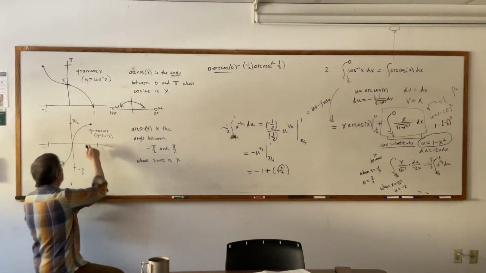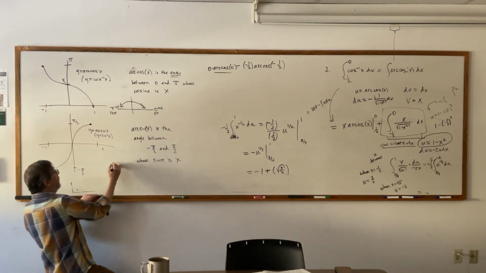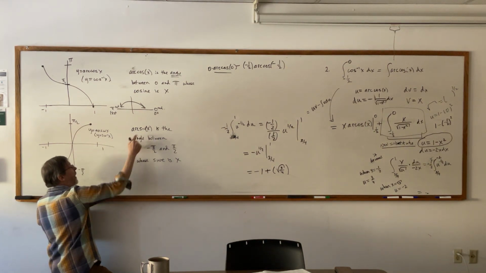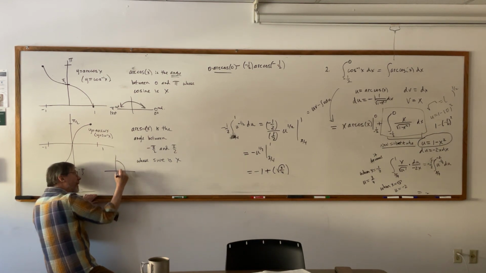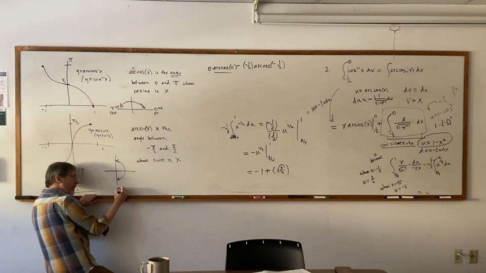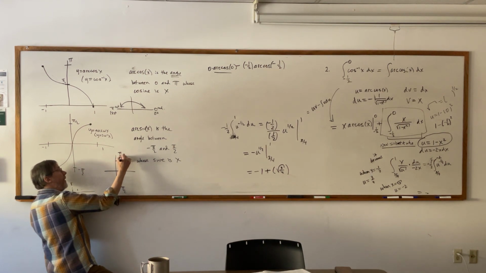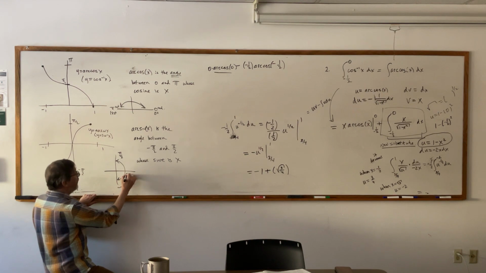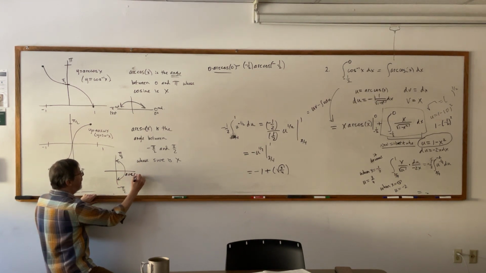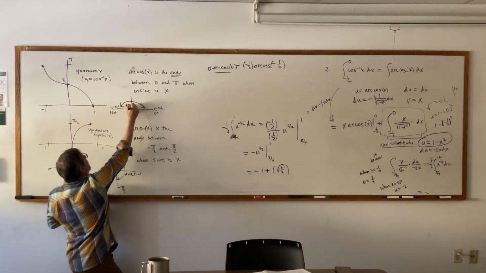Arc sine lives between negative pi over 2 and pi over 2. So arc sine of x is the angle whose sine is x but lives in here, between negative 90 degrees and positive 90 degrees, or negative pi over 2 and pi over 2. So arc sine lives here, arc cos lives here.